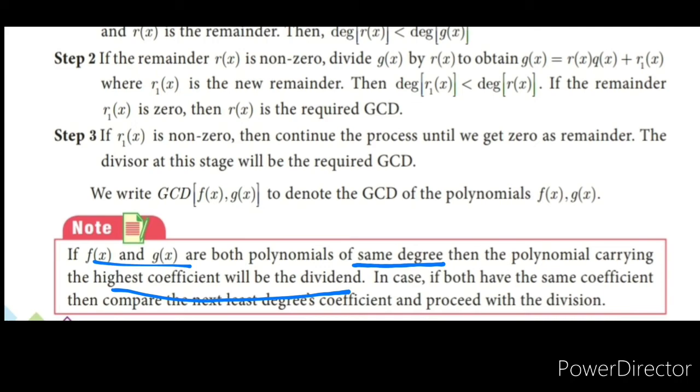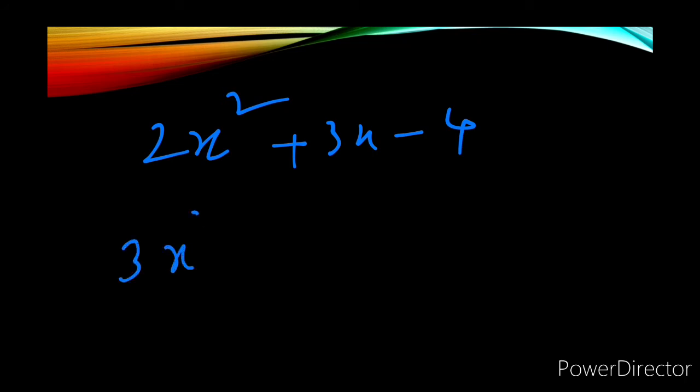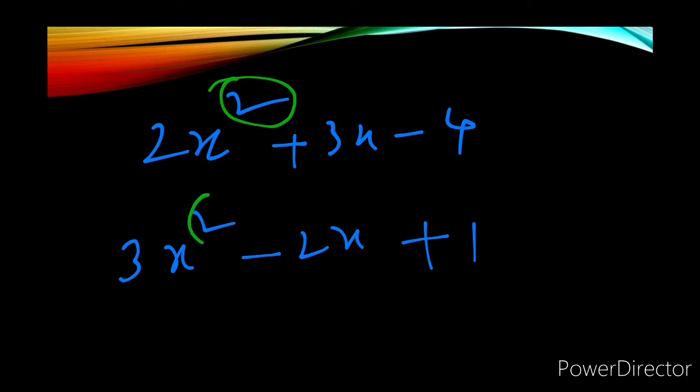For example, I take two polynomials, 2x square plus 3x minus 4, and 3x square minus 2x plus 1. So, how can we divide this? Here the degree is 2. Both the polynomials have degree 2.